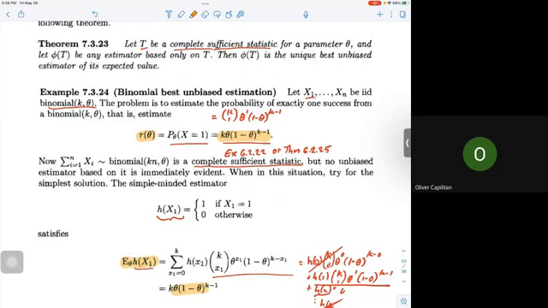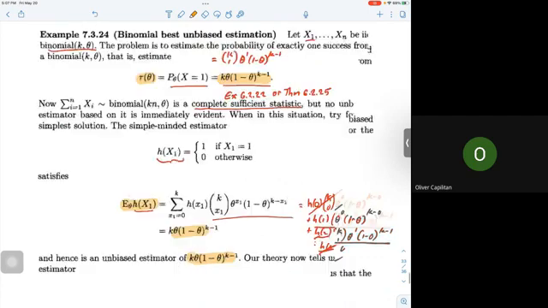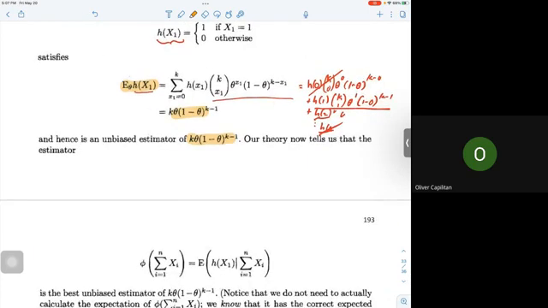And then let a function of our complete sufficient statistic be an estimator based only on this, then phi of t will be the unique best unbiased estimator of its expected value. So ang implication yan, the function of our complete sufficient statistic. Kaya ito yung complete sufficient statistic natin.